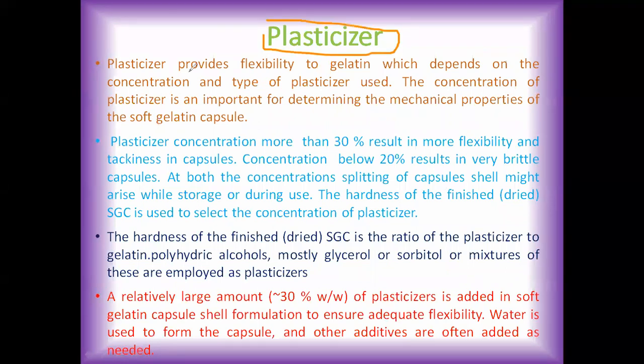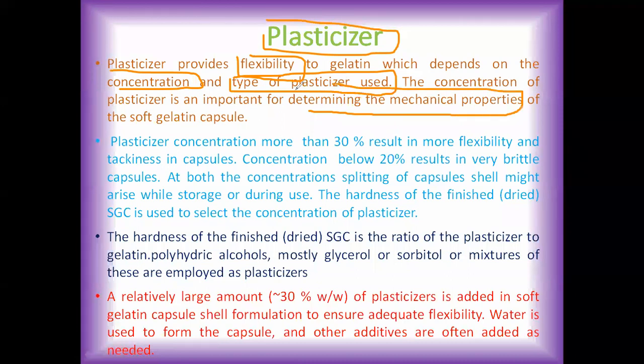Now, we have already discussed in the earlier part, these plasticizers provide flexibility to the gelatin, which mainly depends on the concentration and the type of plasticizer which is used in the formulation. The concentration of plasticizer is important to determine the mechanical property of the soft gelatin capsules.